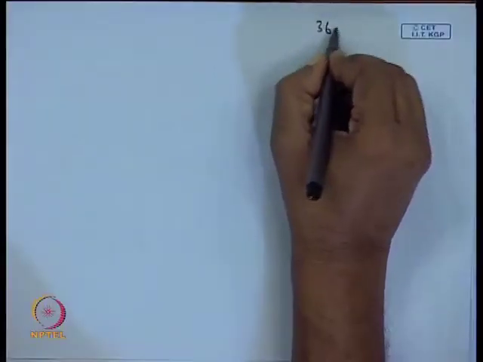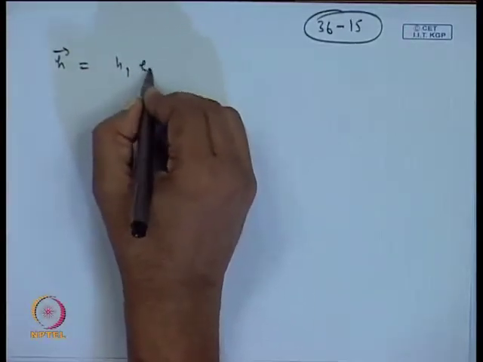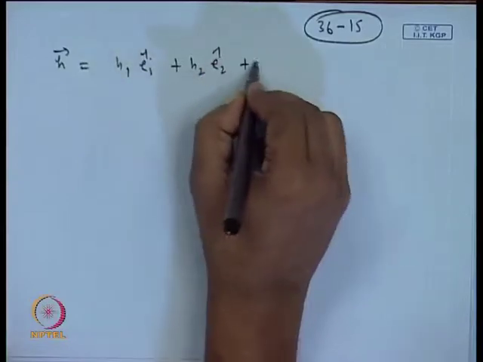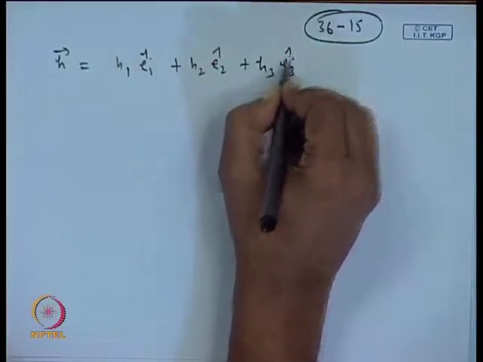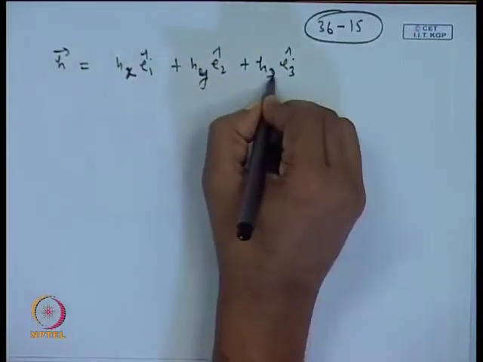Okay, so each can be written as H1 times E1 plus H2 times E2 plus H3 times E3 cap, or either you can write this as Hx, Hy and Hz.